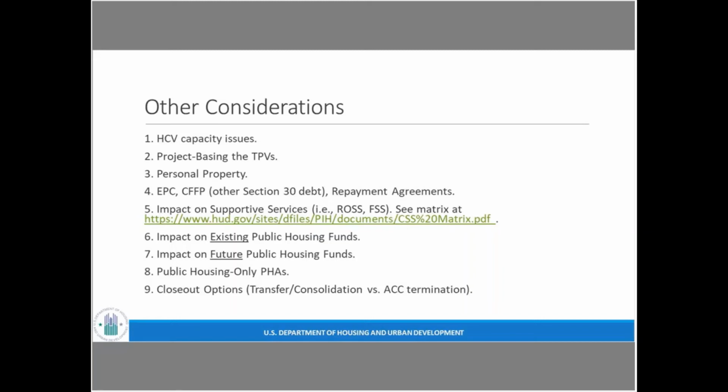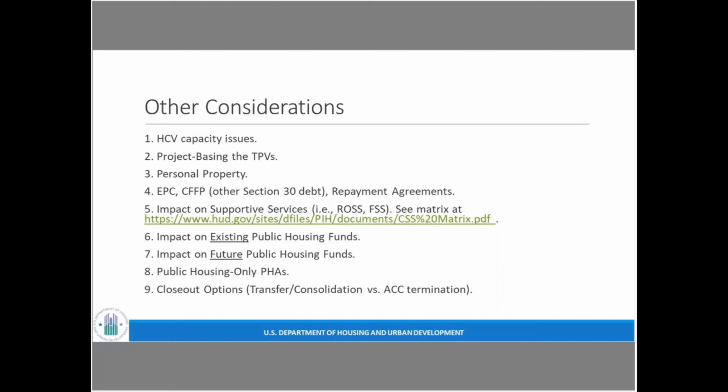Public housing only PHAs are definitely eligible for streamlined voluntary conversion, but HUD is not going to award new HCV program funding to these public housing only PHAs. So what's required is for these public housing only agencies to work with an HCV administering agency for the TPV award.